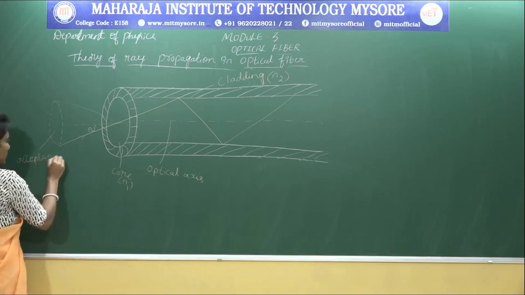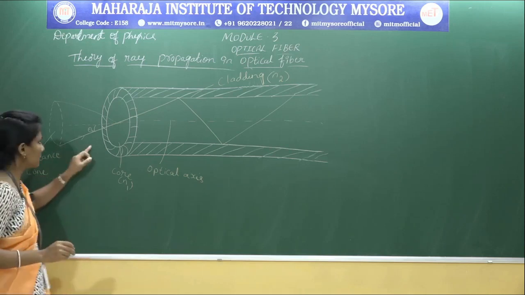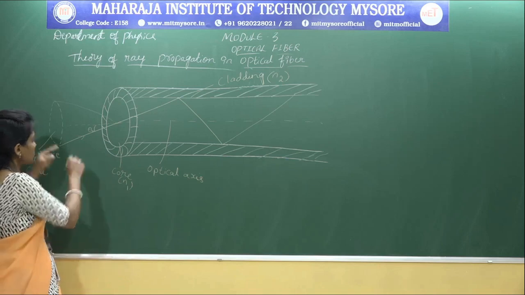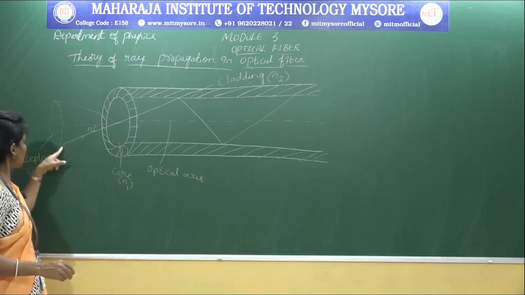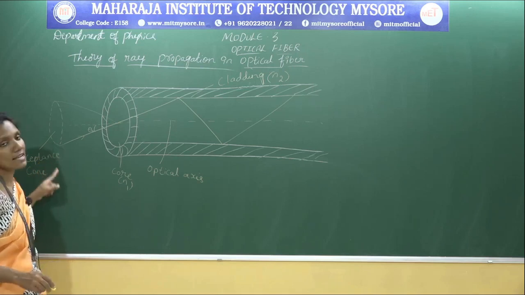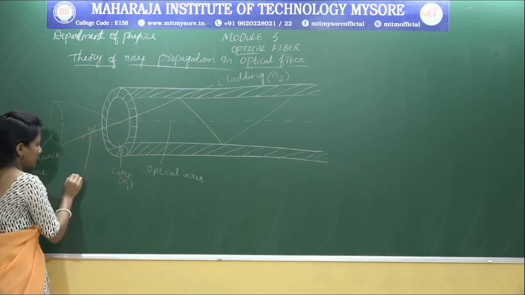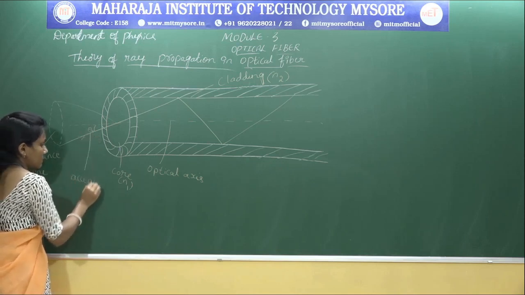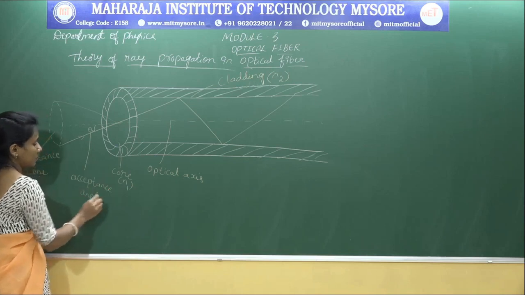We call this the acceptance cone, where theta naught is the acceptance angle, the incident angle.